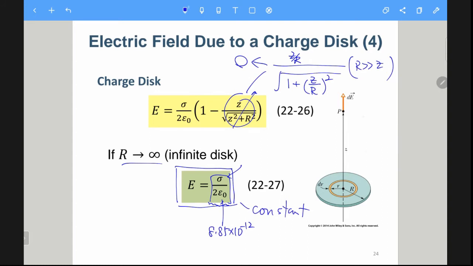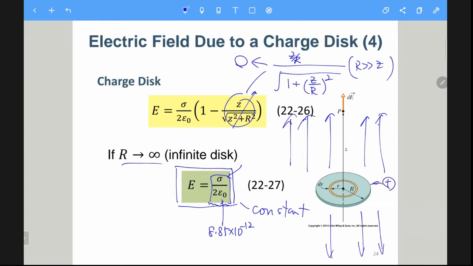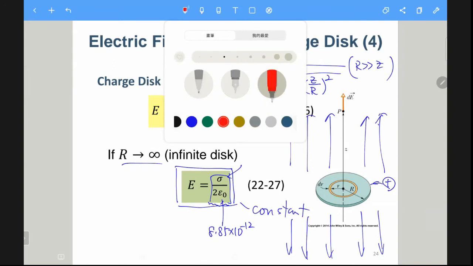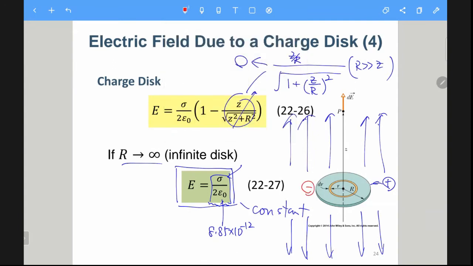So on the upper part, the E field points upward. And then for the bottom part, the E field points downward, if this charge is positive. If the charge is negative, then it will be the other way around.